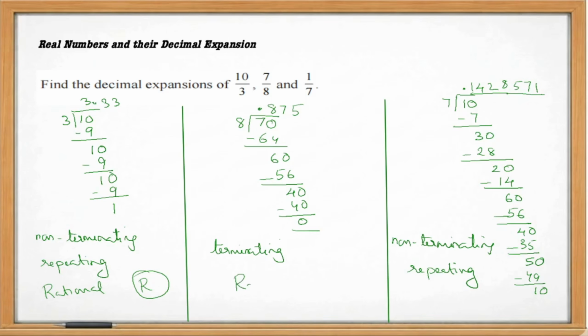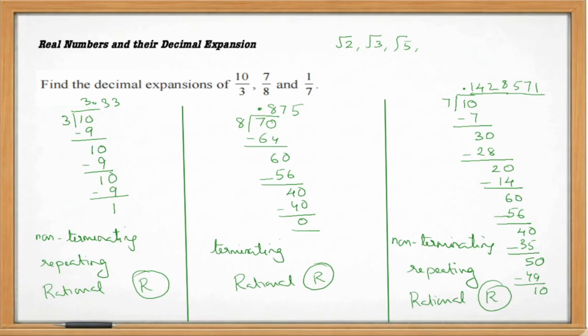So rational r. The next one, again the same thing, that is non-terminating, then repeating. This type of decimal expansion, these numbers are also rational, represented by r.